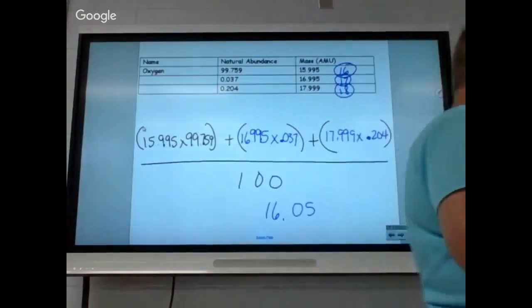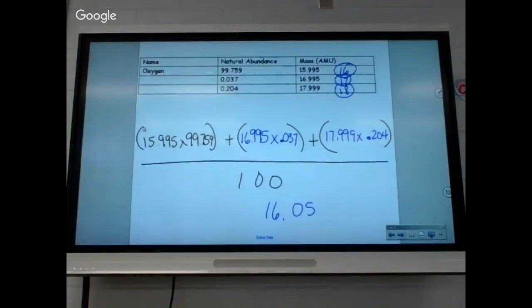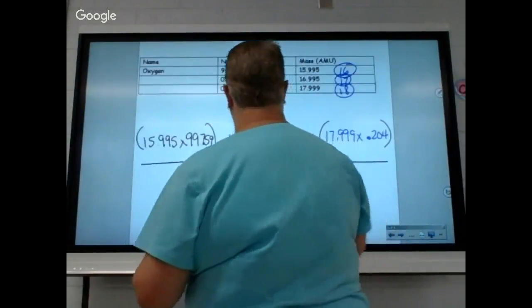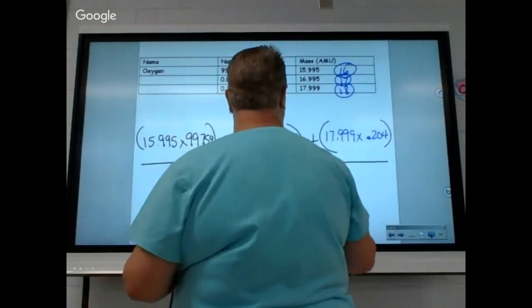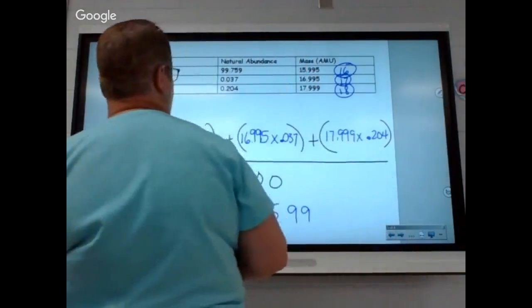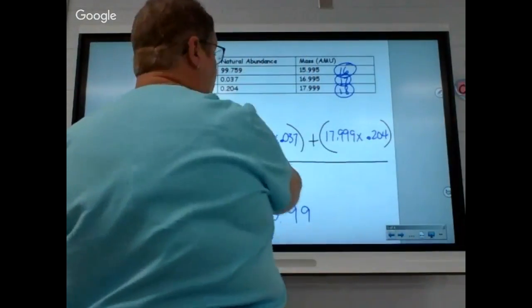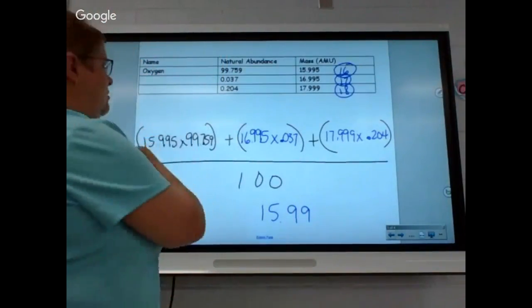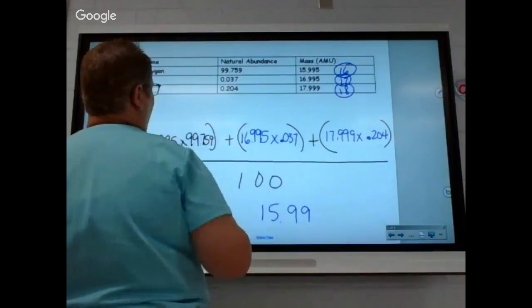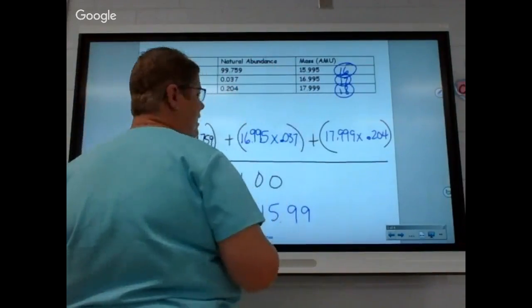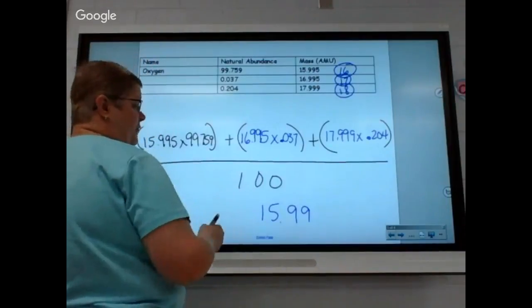Do you make it 16.05? I got 15.999. Then I probably punched it in wrong. 15.99. All right. So it looks like I have 2 significant digits as my least, but given everything else has 5, 5, and 3, I'm going to leave it that way because we got a lot of decimal places. And I don't want to round it to 2 and just have 15 there.